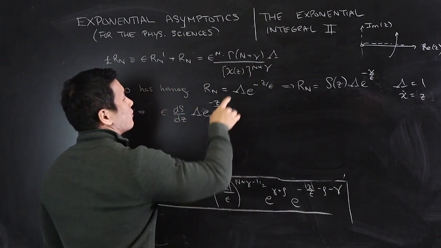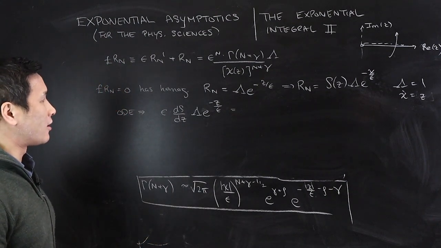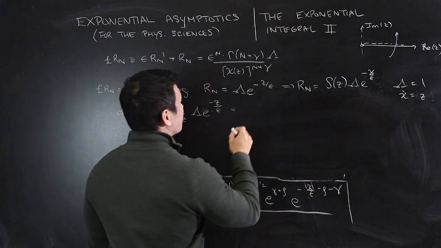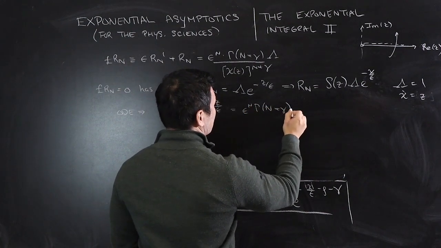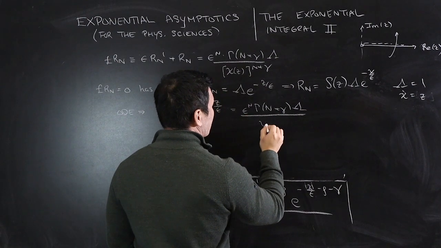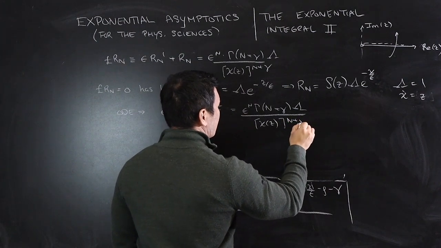Now remember, we were assuming the divergence follows that law, and in this case, the lambdas cancel on both sides. So we didn't really need to write them. And this is chi of z to the n plus gamma.